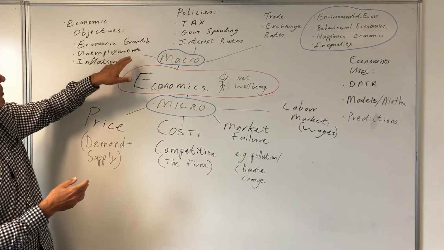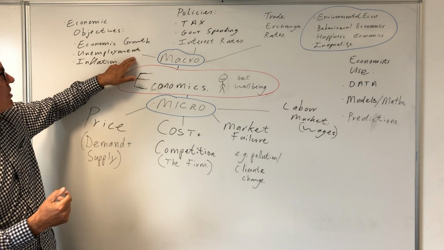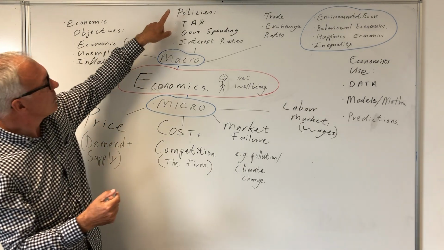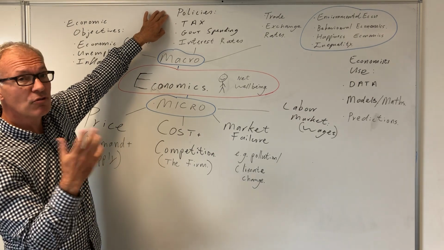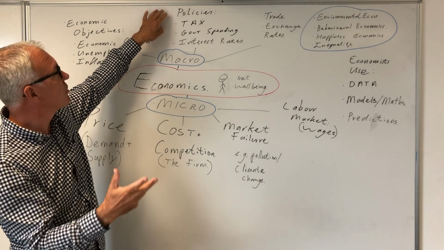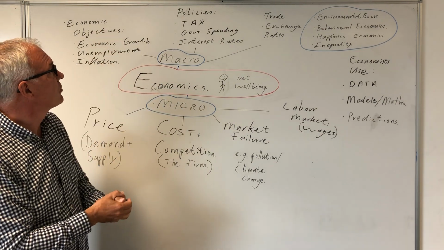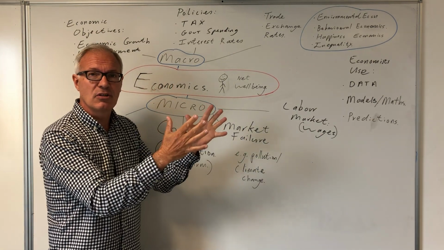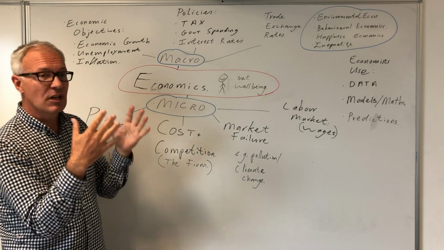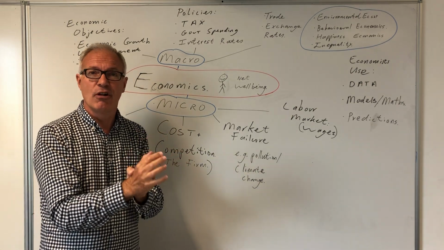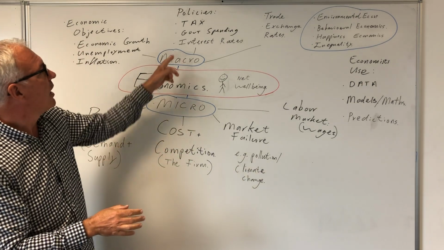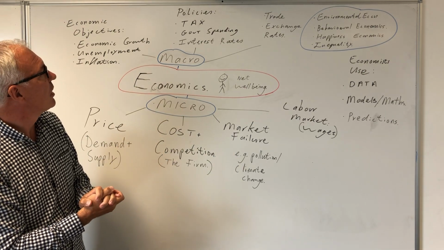So economists will look at these areas that people tend to associate with economics, and that governments and central banks, such as the Bank of England and the Federal Reserve, pursue certain policies to achieve these objectives, such as changing tax rates, altering government expenditure on things like health and education, and changing interest rates.